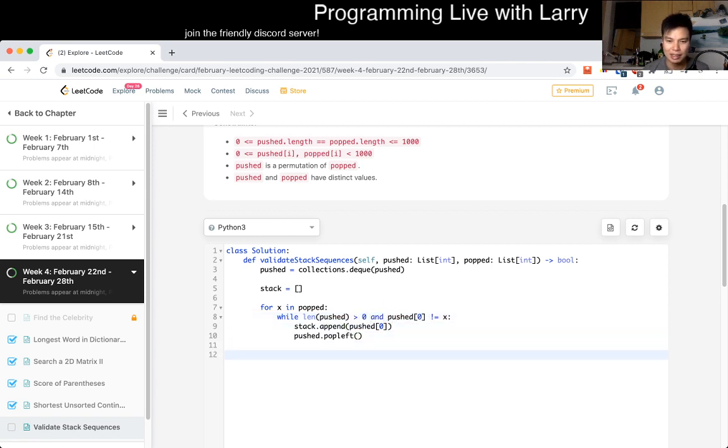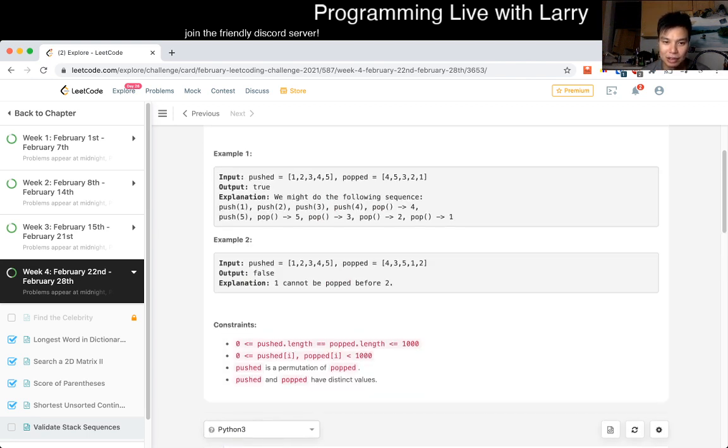Now let's say that they are equal. Then we can pushed dot popleft, or if the length of pushed is equal to 0, we return false. Otherwise, we just popleft and we don't have to push it to the stack. Well, now we have to look at the stack first, right? I am messing it up today.